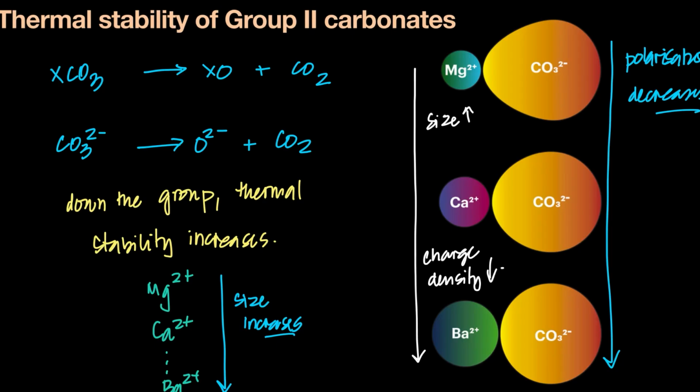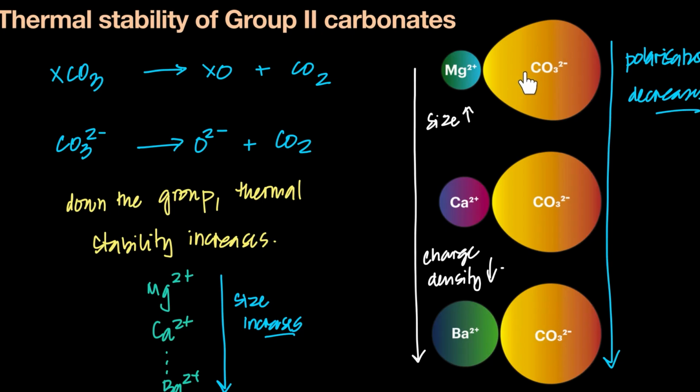Now when the polarization decreases, it's pretty obvious. Very simply, the more polarized something is, the more distorted it is, the easier it is to break it up. So between this carbonate and this carbonate, this one is more distorted in magnesium. Because it's more distorted, it requires less heat to break up because it's already disfigured. Something that's distorted is easier to break. Something that is regular, structured, not disfigured is harder to break.